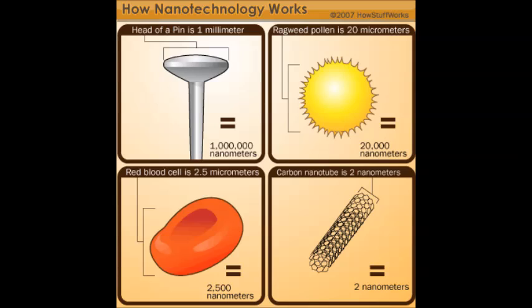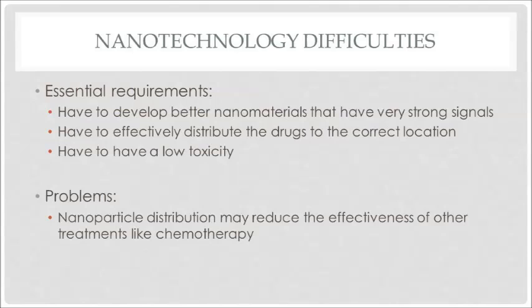And lastly, we have to work at making smarter nanocarriers and particles that can detect the cancer and fight the cancer more directly without harming any neighboring cells. And to do this, they need to pinpoint the correct locations of the cancers so that they can do the work more effectively.